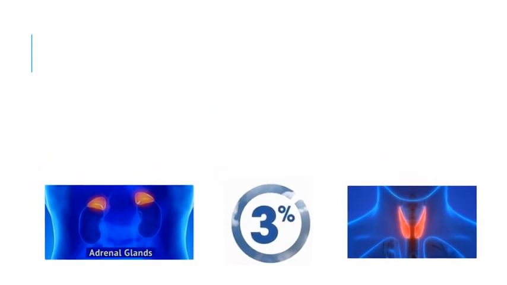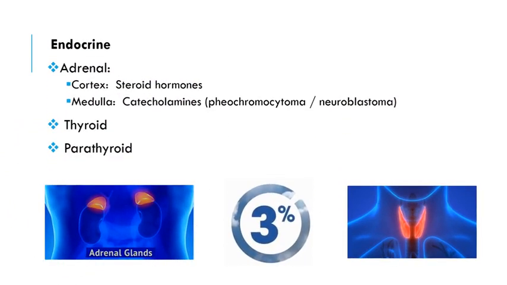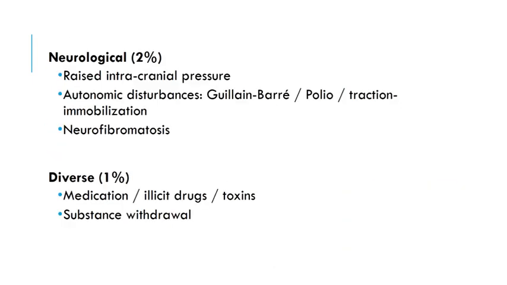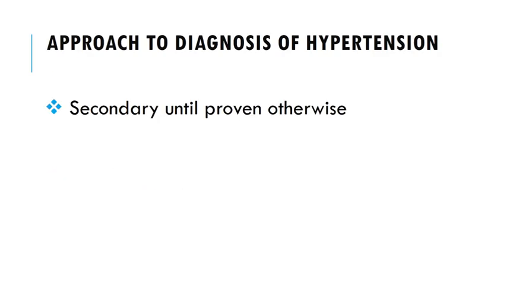Sometimes a lot of people jump to the next group first, but there are only 3% endocrine causes. So look at your adrenal glands, your thyroid, your parathyroid. And then your smaller categories: neurological causes, 2%, and things like medication and substance withdrawal, 1%.